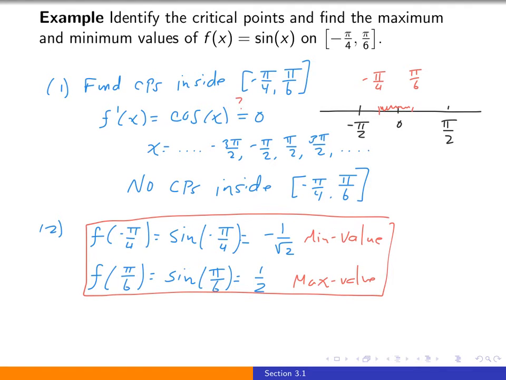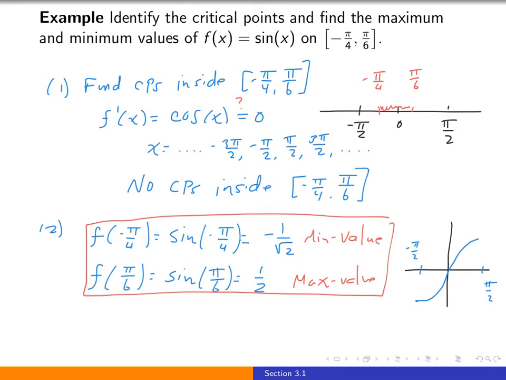And let me just point out that if you think about this from a graphical perspective, this makes very, very good sense. So if we were to sketch the graph of sine going from minus pi over 4 to pi over 6, and I'm going to go ahead and just sketch it from minus pi over 2 to pi over 2. So at minus pi over 2, the value of sine is minus 1.